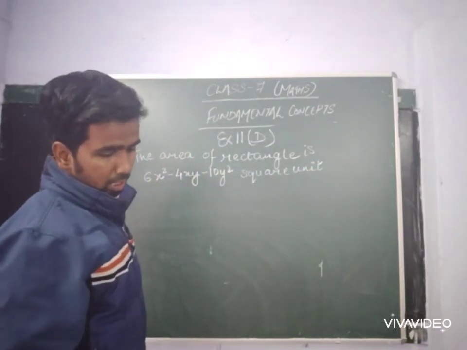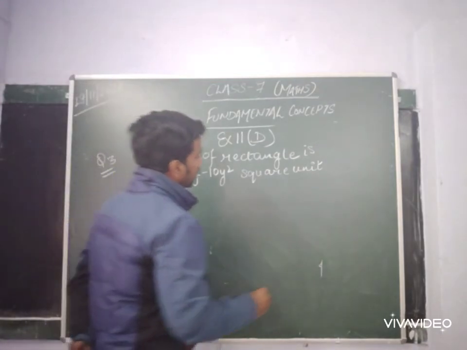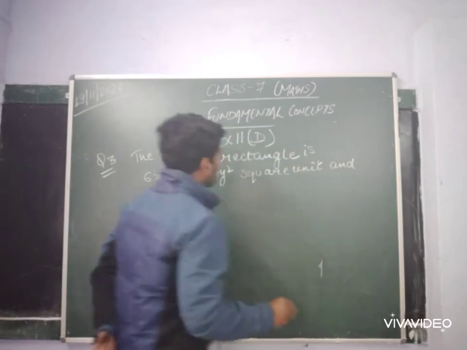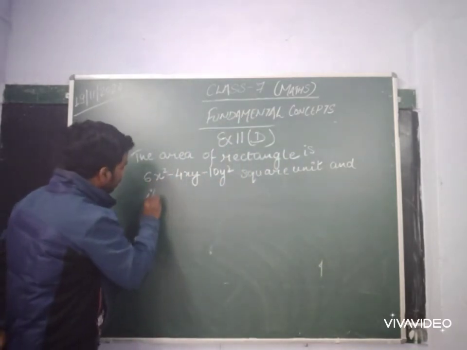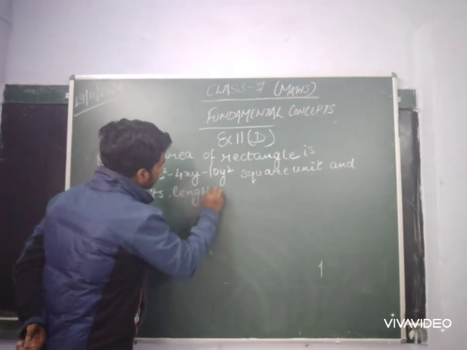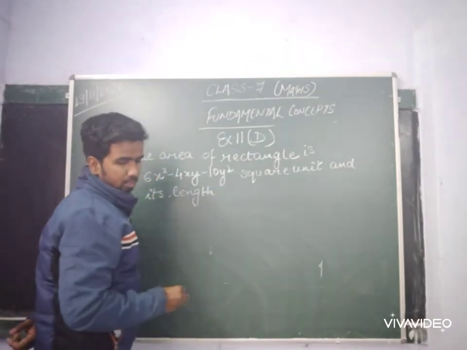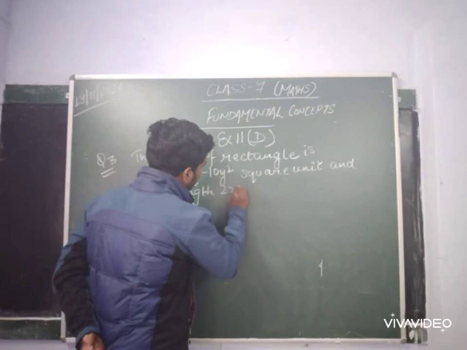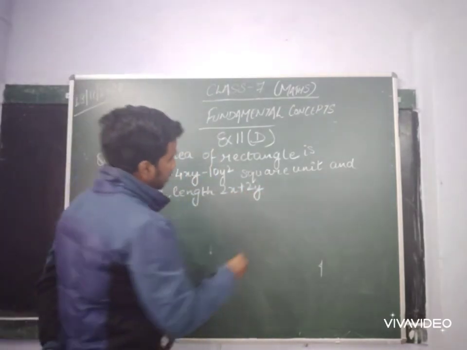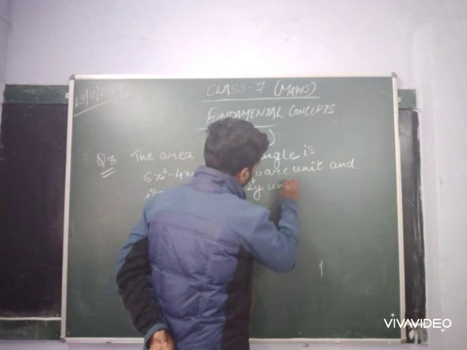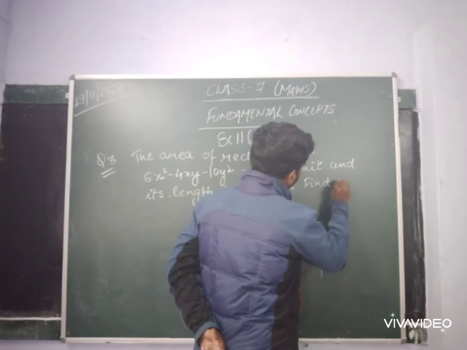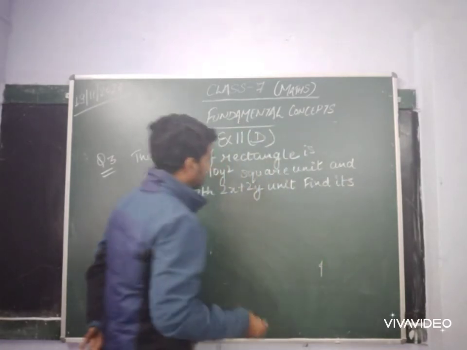Clear? And its length is given to us, its length is 2x plus 2y unit, and we have to find its breadth.